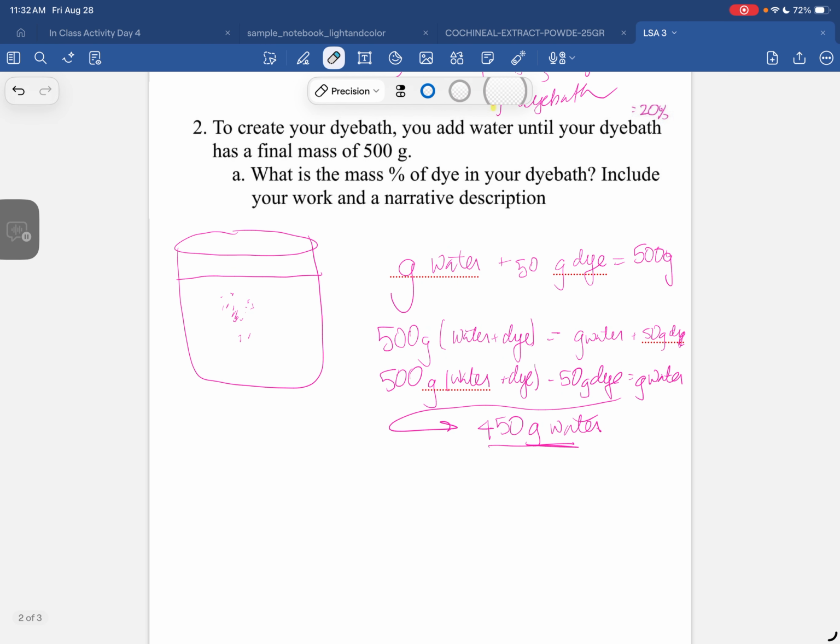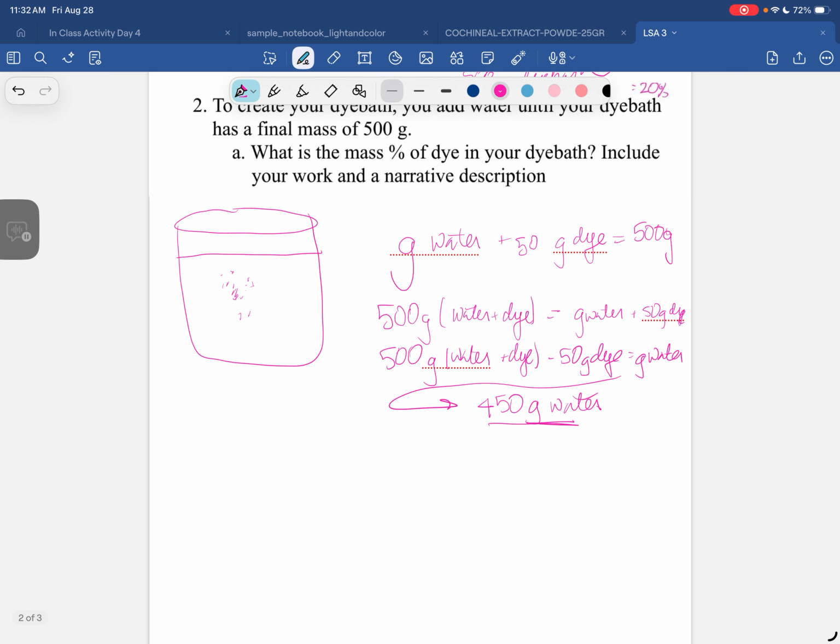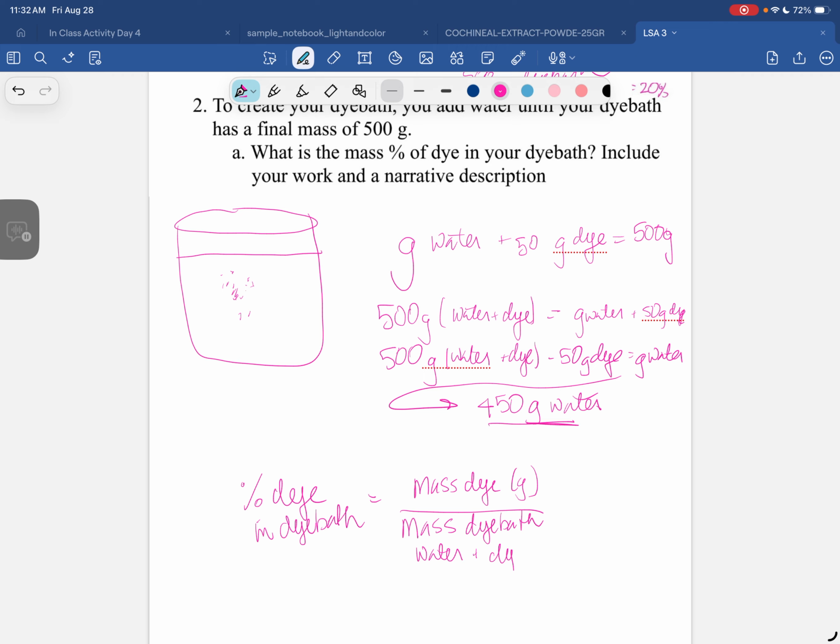But to solve A here, what we would do is the relationship of the mass percentage. The mass percentage of dye in our dye bath is equal to the mass of the dye in grams divided by the mass of the dye bath, which is also equal to water plus dye, times 100%.